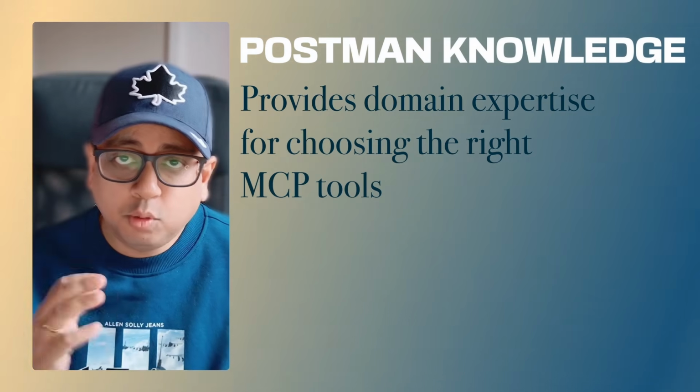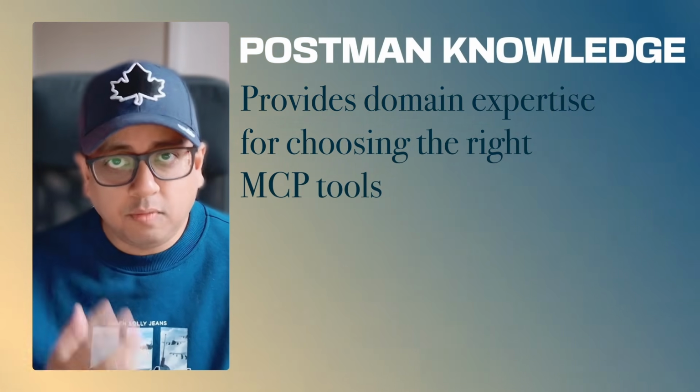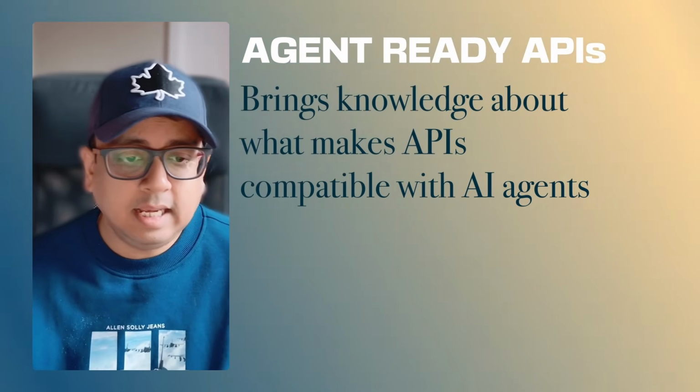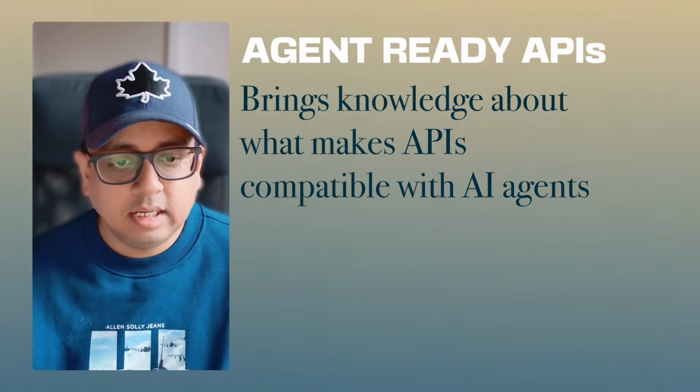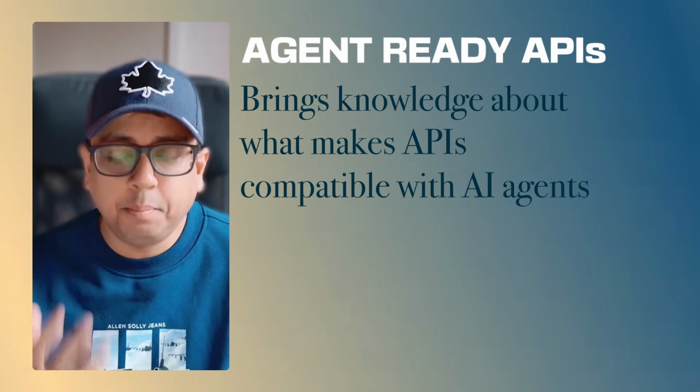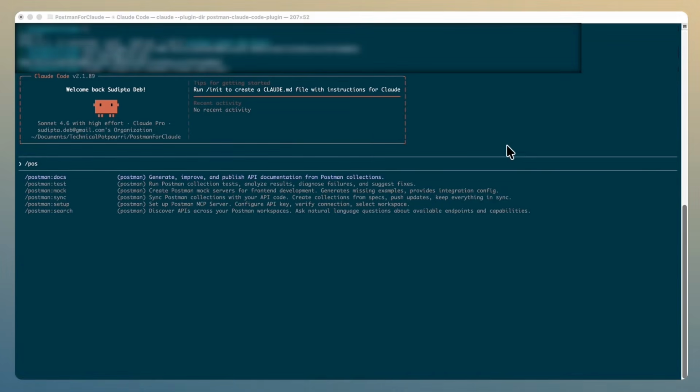Second one is Postman knowledge, which provides domain expertise for choosing the right MCP tool. And the third one is agent-ready APIs, which brings knowledge about what makes APIs compatible with AI agents. Okay, so now to start with, let me explain the first command, which is Postman Mock.